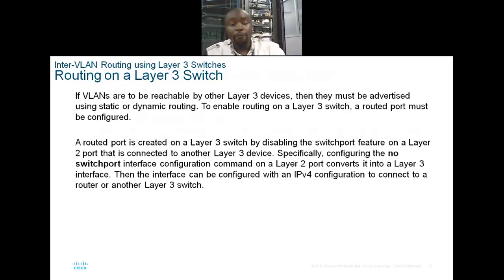Specifically, configuring the no switchport interface configuration command on a layer 2 port converts it into a layer 3 interface. Then the interface can be configured with an IP configuration to connect to a router or another layer 3 switch.